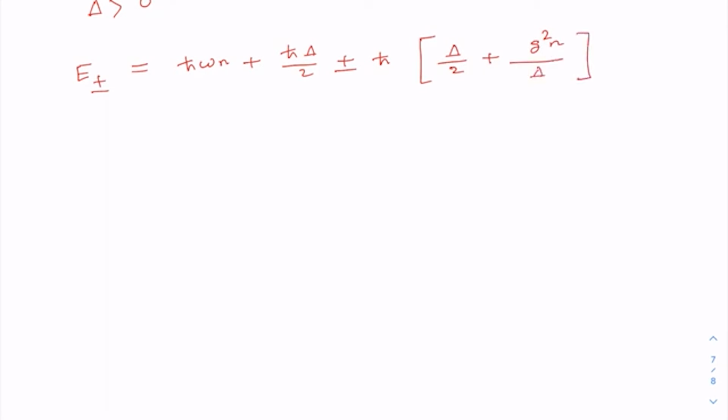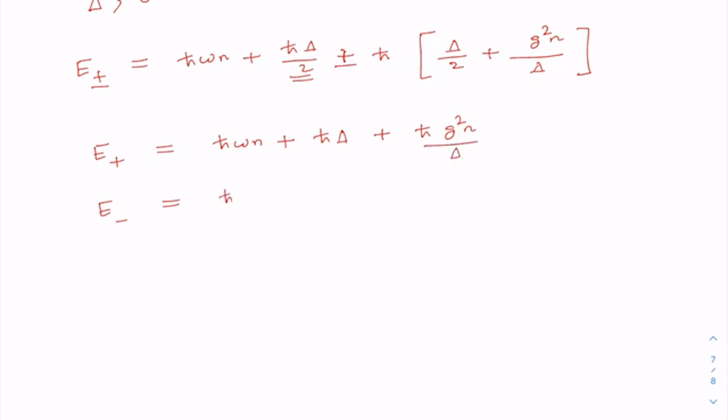So if I break it up, I get two energy values, E plus and E minus. E plus will correspond to ħωn, plus, because of this plus sign these two terms will add up, so I will have ħΔ, and I will have ħΩ²n by Δ. On the other hand, I will have here ħωn minus ħΩ²n by Δ.